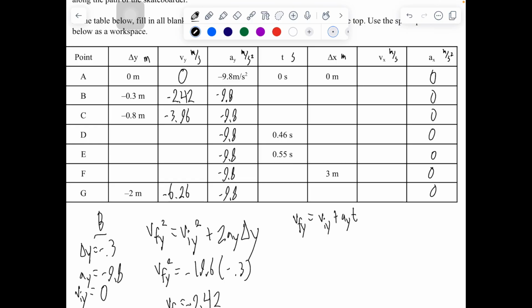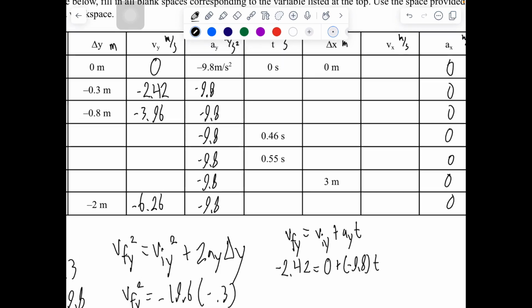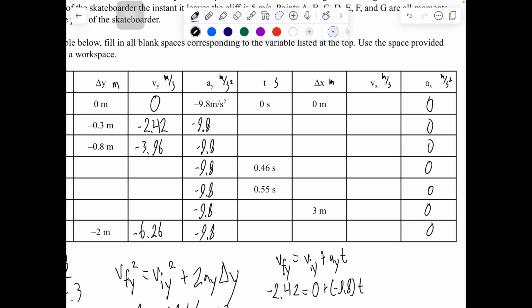If our final velocity is negative 2.42, that initial velocity is 0, we're really going to be consistently just taking our final velocity and divide by our 9.8. Now keep in mind the negatives will cancel out, so the time here is 0.25 seconds. 3.96 divided by 9.8, 0.40 seconds.